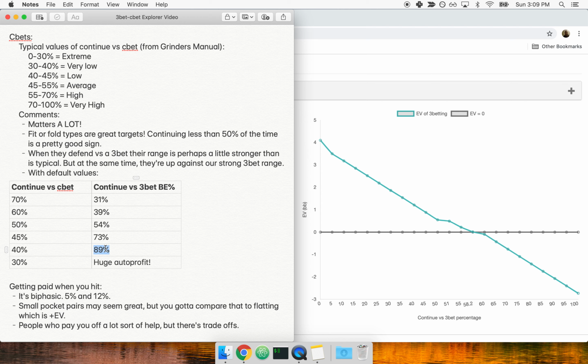So if they're not defending versus your c-bet enough, then they have to be defending versus your 3-bet a huge amount. But most people aren't going to be defending 89% of the time. So if you're against one of these people who are pretty fit or fold and don't defend versus the c-bet enough, you probably have a profitable bluff.